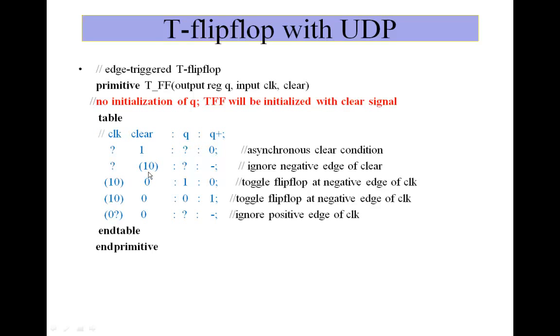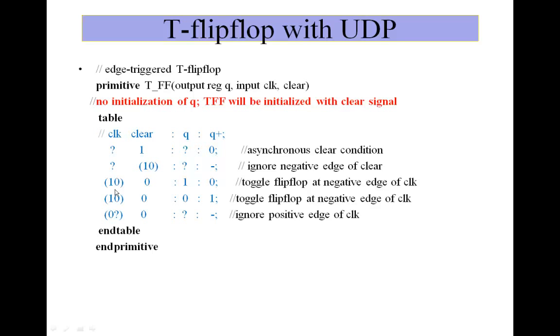When clear is going from 1 to 0, that is a transition from 1 to 0, meaning negative edge, this will not have any effect on the output. So output will not have any change, no change in the output. So this is how we represent no change. Irrespective of your current state, in that current state there will not be any change. Because no clock, no clear.